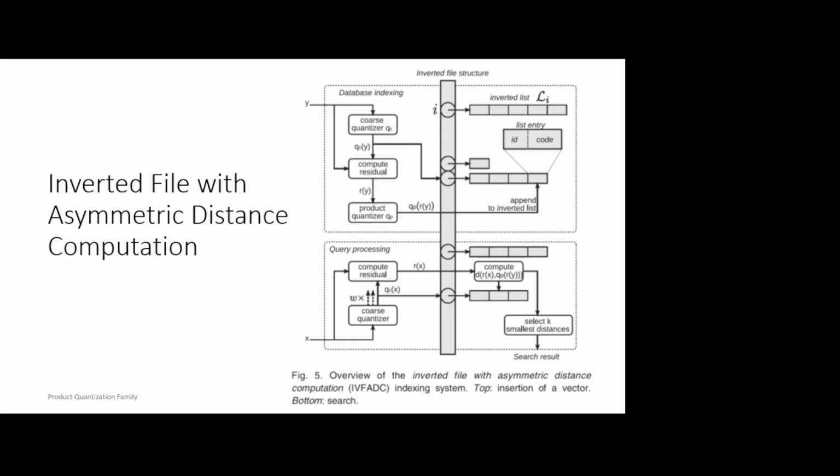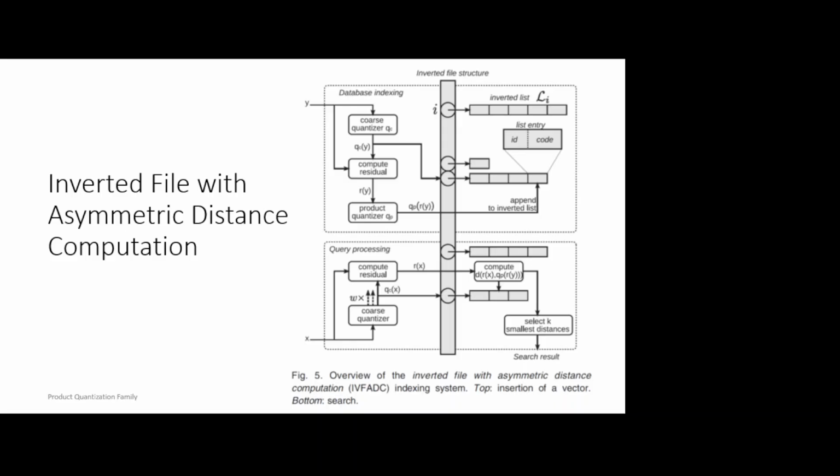And after using the coarse quantizer we can find its corresponding cluster. Then we continue to compute its residual. The residual is computed by just taking Y and subtracting the corresponding cluster centroid.